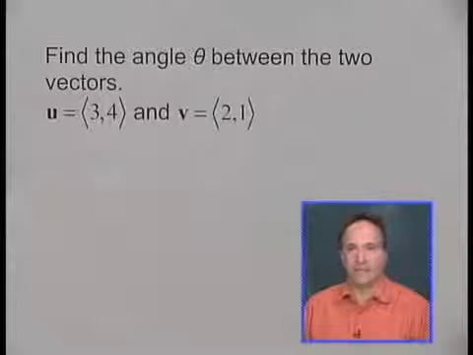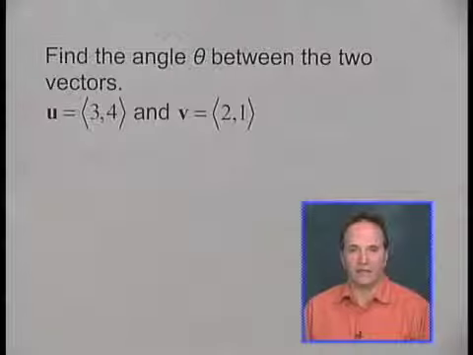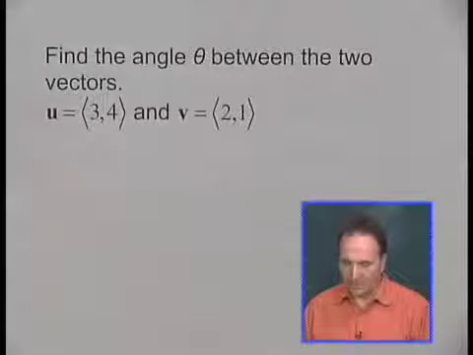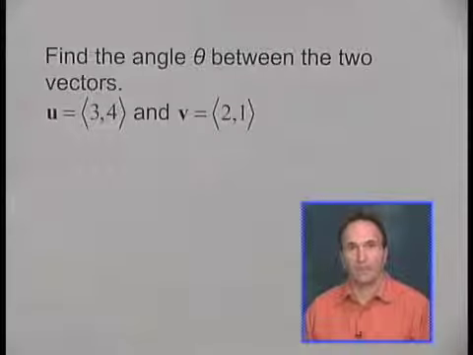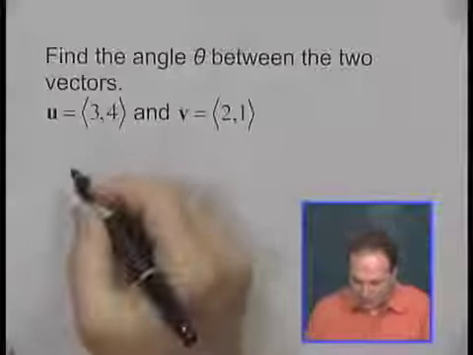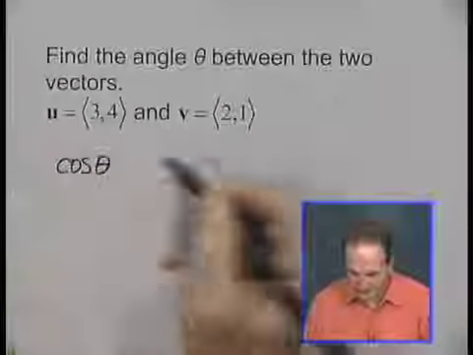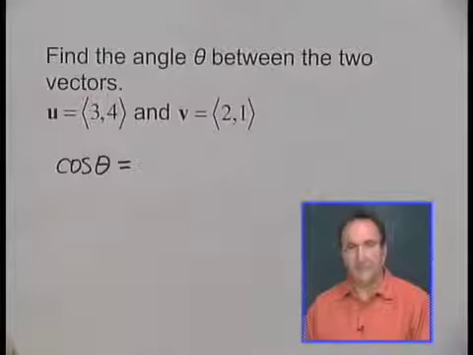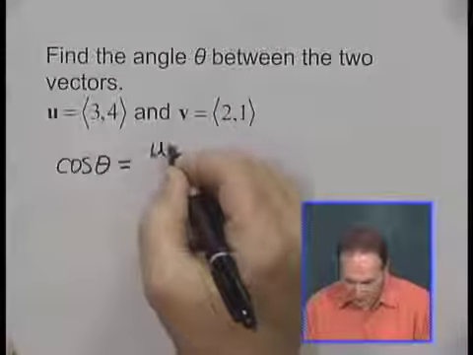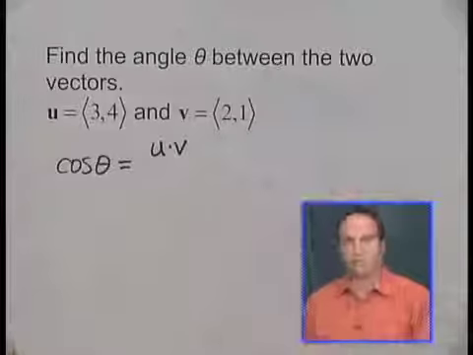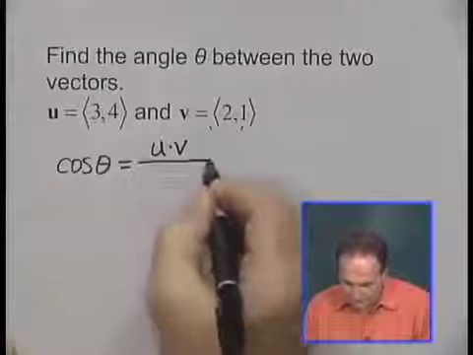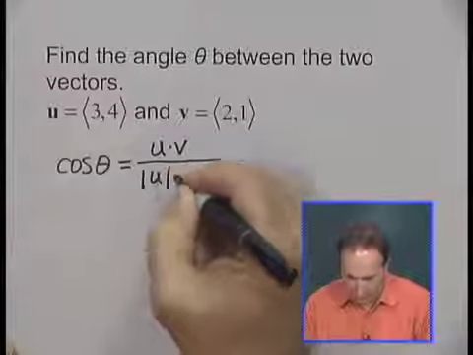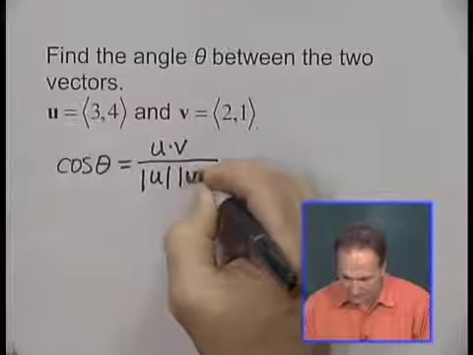Find the angle theta between the two vectors, vector u, 3, 4, vector v, 2, 1. So we'll use the formula that cosine of the angle between two vectors, so cosine of theta, is equal to the dot product u times v over the norm of u times the norm of v.